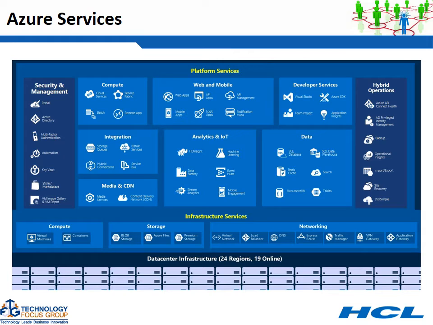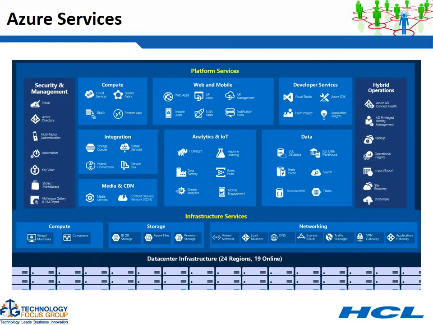On the platform services side, the most common ones are the developer services and the web and mobile services. Developer services provide Visual Studio Online and team project services like TFS and GitHub. The web and mobile services include deploying and running web applications.